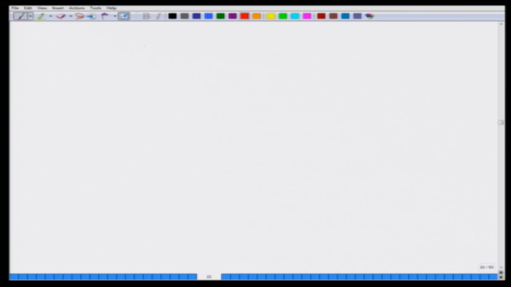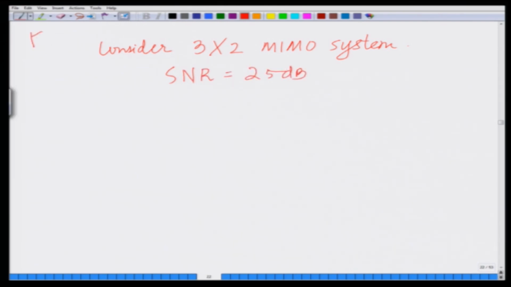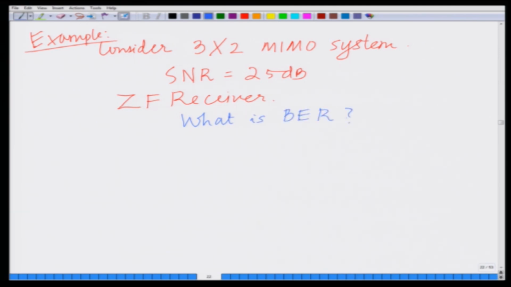So, what we want to do is consider a 3 cross 2 MIMO system with SNR equals 25 dB, and then consider the zero forcing receiver, and the question is what is the bit error rate of this system.